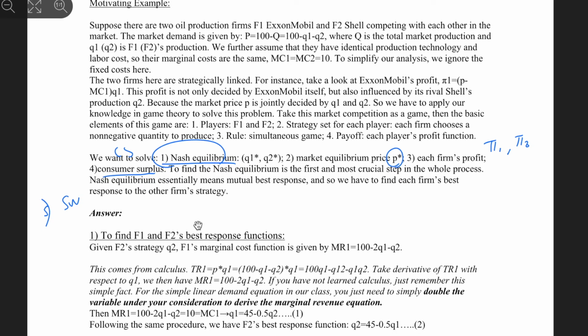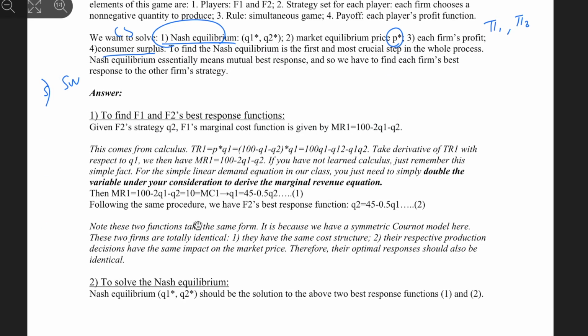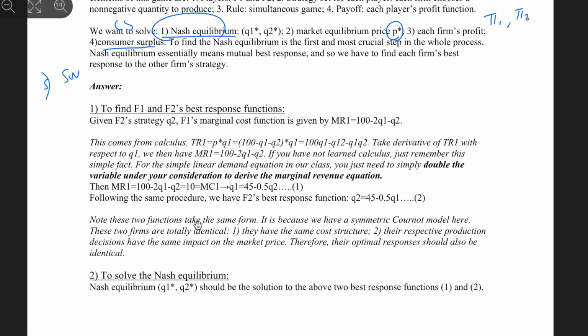To answer it, we have to look at the best response function. So given Firm 2's strategy Q2, Firm 1's marginal cost function is given by this. What is this? So we're going back, right? The marginal cost. So we're going to have a look at the total cost. So what is marginal cost? And this is marginal revenue.